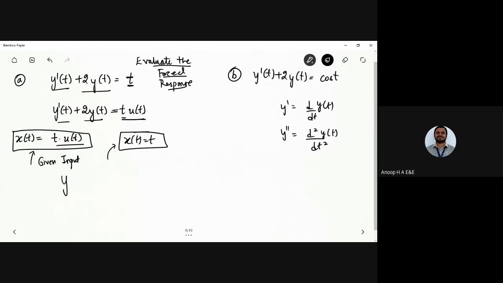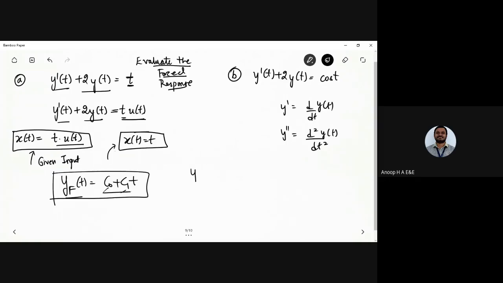How is the forced response yf of t written as an equation? I can write it as C0 plus C1t. This forced response of a system is dependent on the input, right? Now I want to find the constants C0 and C1.